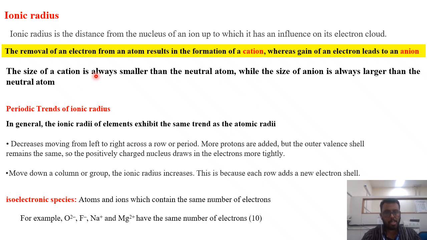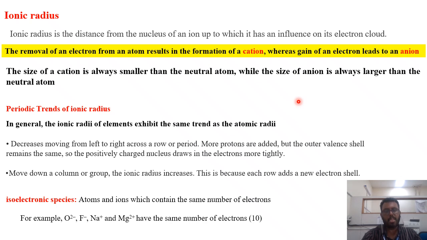The size of the cation, since you are removing an electron, is always smaller than the neutral atom. That makes sense because the effective nuclear charge will be more. While the size of the anion is always larger, because you are adding one more electron, repulsion will be more, effective nuclear charge will be decreased, and shielding constant will be decreased as well.